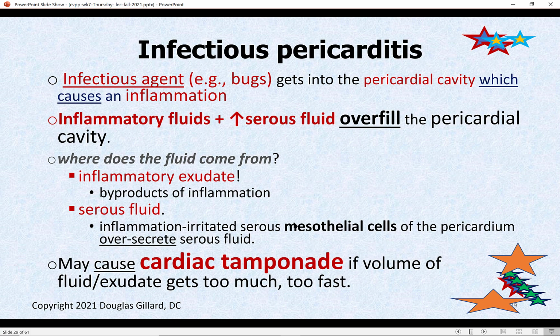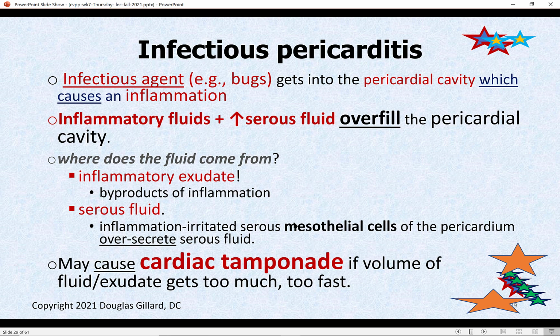The infectious one, the bug-related pericarditis, is basically a bug gets into the pericardial cavity. And we just talked about bugs getting inside and sticking to the inner lining of the heart, causing myocarditis. But this is the time the bug actually gets into the pericardial cavity and causes trouble. And you can certainly have myocarditis and pericarditis at the same time. If the bug gets into that pericardial cavity, an inflammation starts, and the inflammatory juices start to spill into the pericardial cavity.